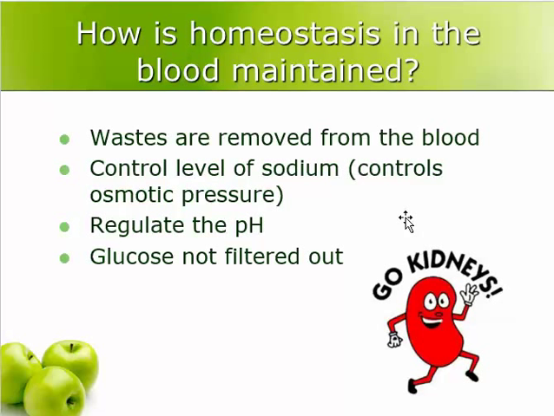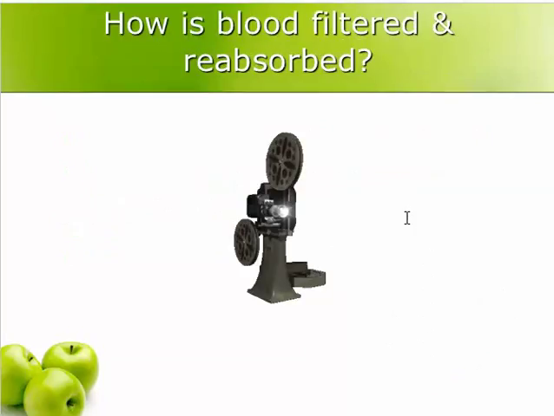And then also glucose is not filtered out. If glucose happens to be filtered out, that means that probably something is not working correctly. It's like a person might have diabetes. In class, we'll watch a short video that kind of goes over this one more time.